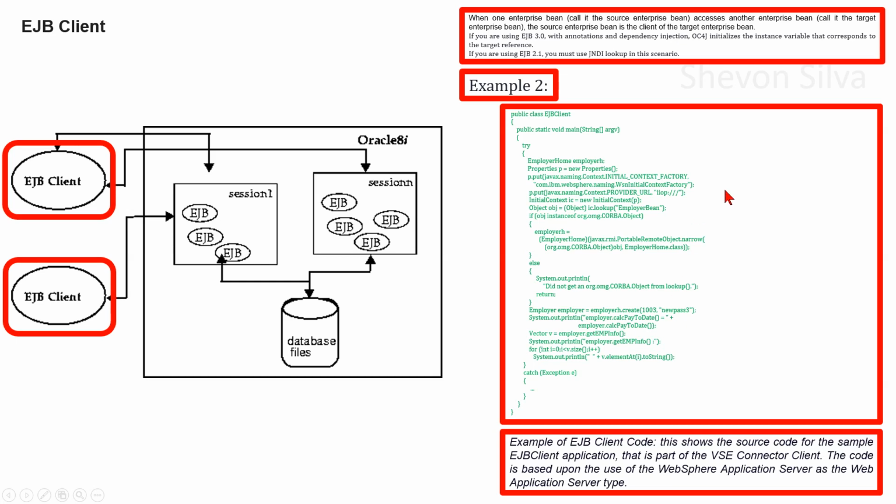Here define properties specifying IIOP:// as the provider URL causes the EJB client to search for a name server on the localhost listening on the port number 900, which is the default for the WebSphere application server.